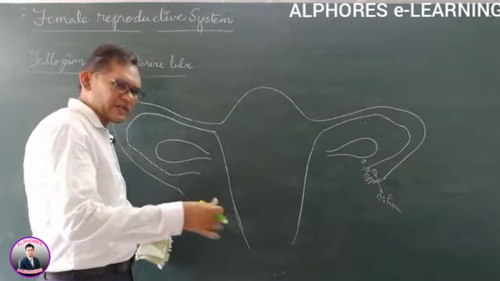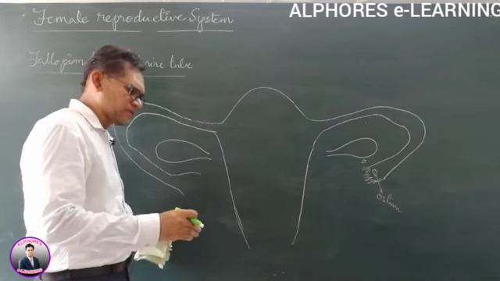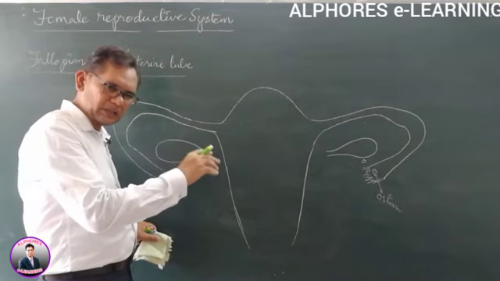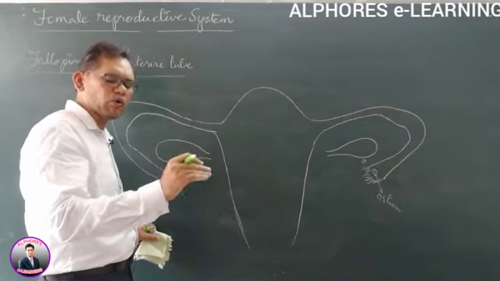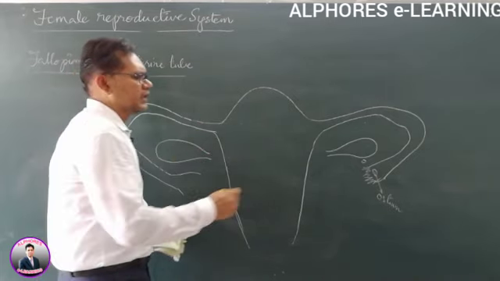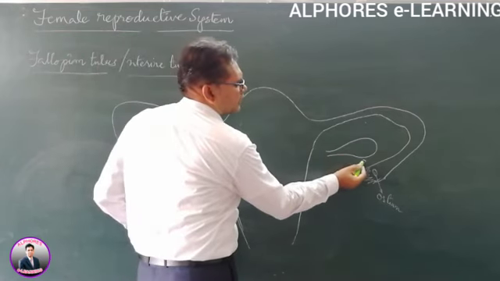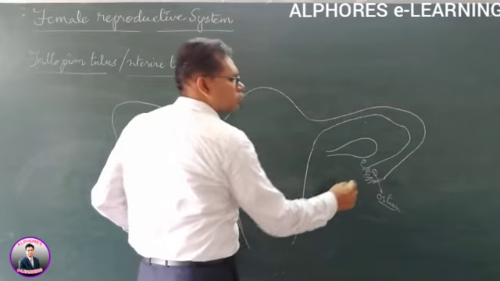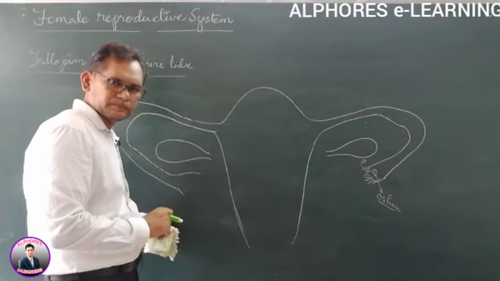The fallopian tubes are the structures which actually collect and conduct the ovum. Here, after the ovary releases the ovum, it is collected by this ostium.